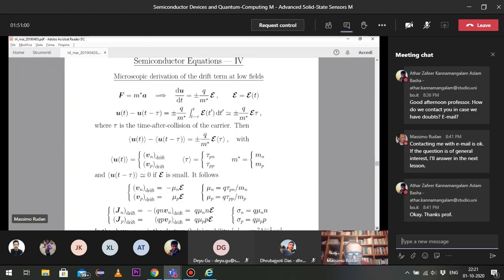The first integration limit is t minus tau. So it is some time before t. Tau is positive, of course. It's some time earlier than t. We don't specify it for the moment, okay? When you integrate the left-hand side, of course, you find u at t minus u at t minus tau, okay?